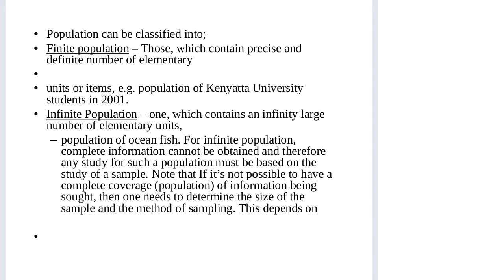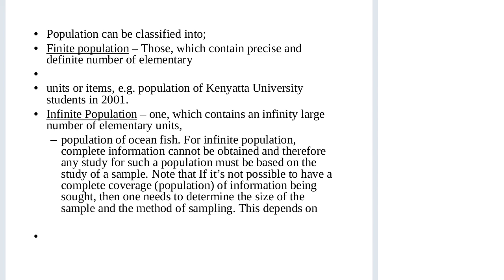Now, the population can be classified into two. So we have finite population. The finite population is the one that actually contains a precise or specific number of elements. So if you are able to count the number of elements in a population, then that is regarded as finite population.